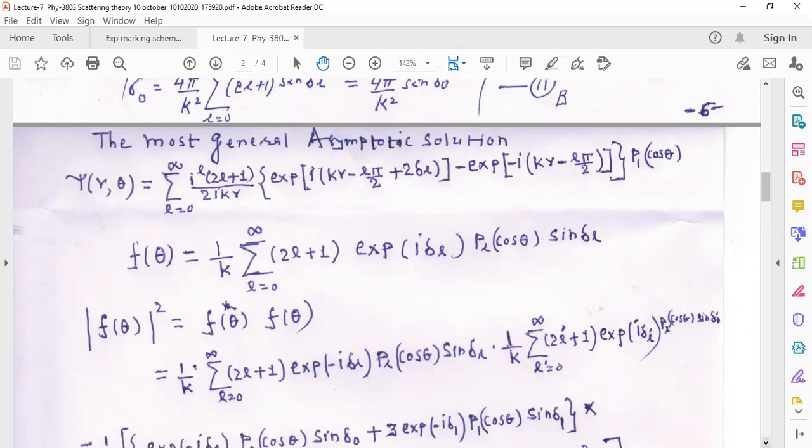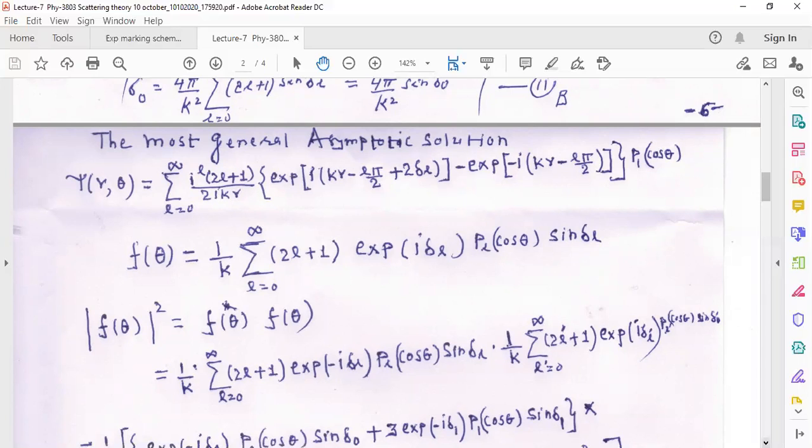So there is a small exercise which we would like to work out, for the case of scattering where the phase shifts delta 2, delta 3, delta 4 are negligible. In that case, you compute the differential scattering cross section and total scattering cross section.